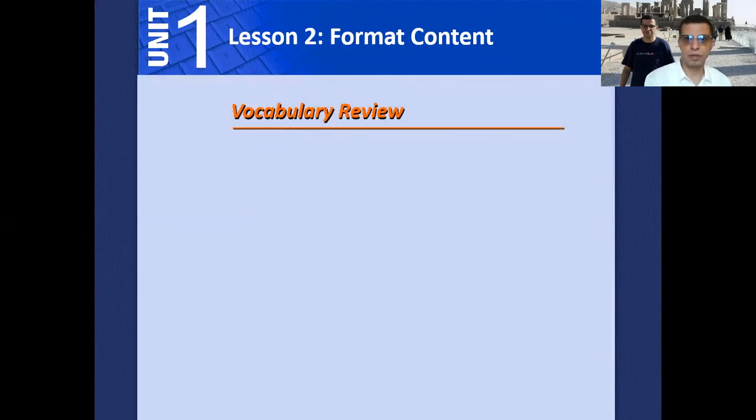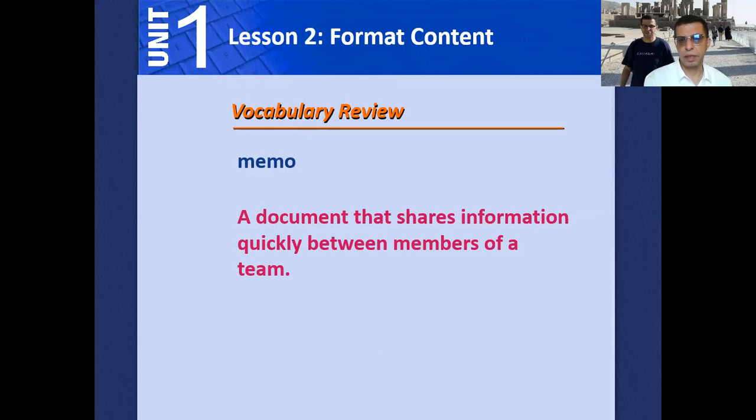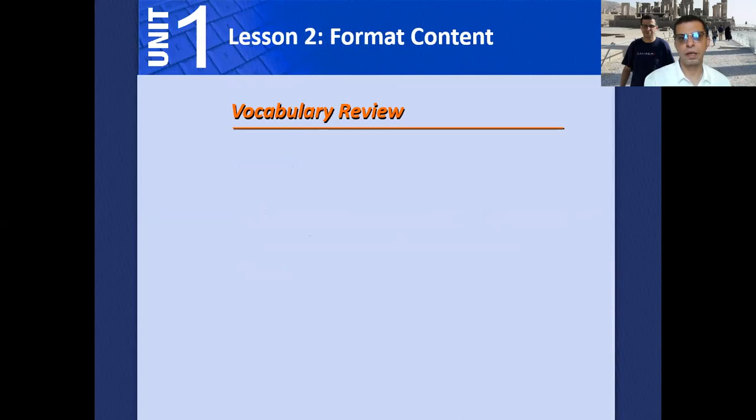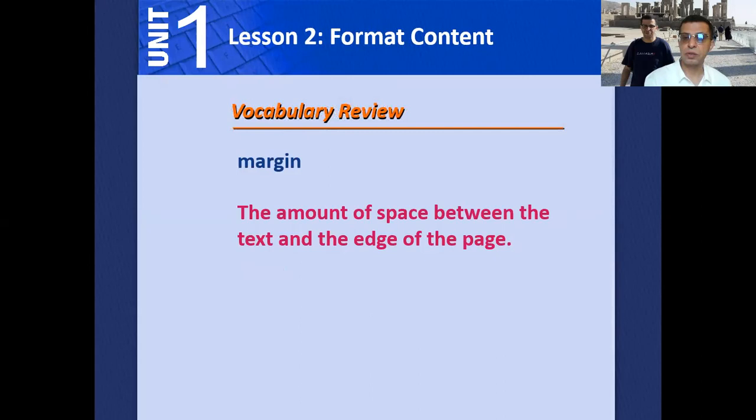Let's do some vocabulary review very quickly, just a recap. Memo: a document that shares information quickly between members of a team. Margin: the amount of space between the text and the edge of the page.